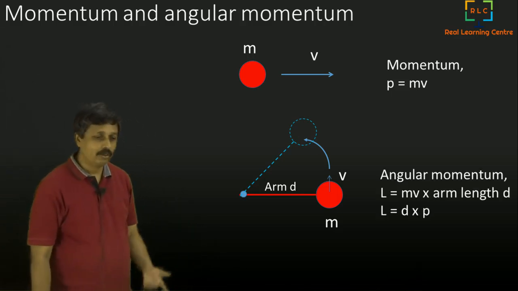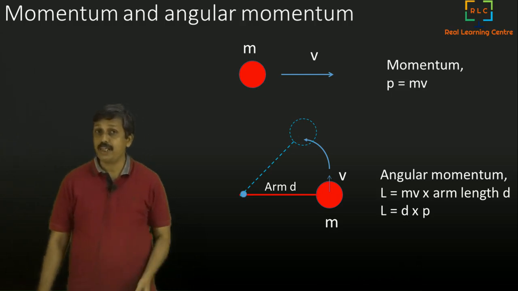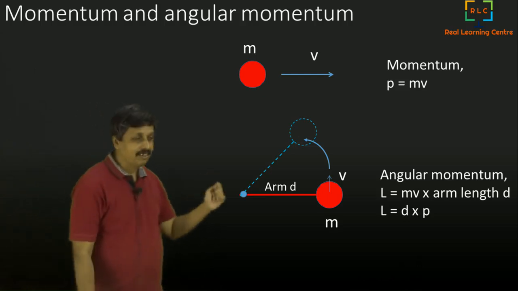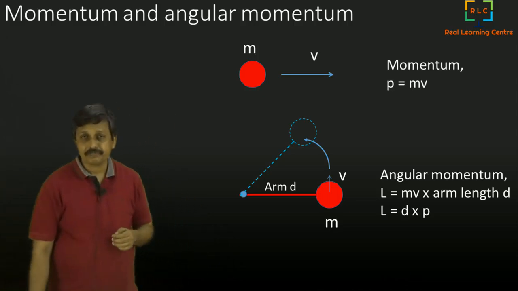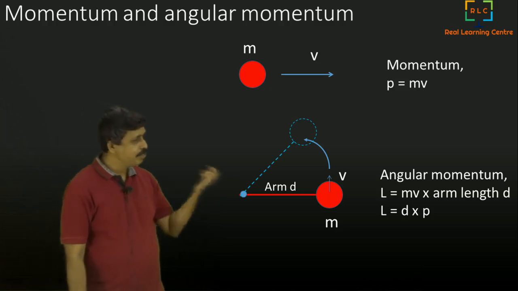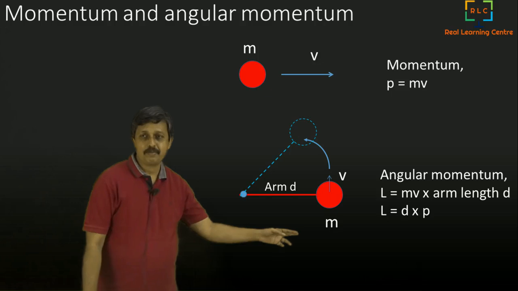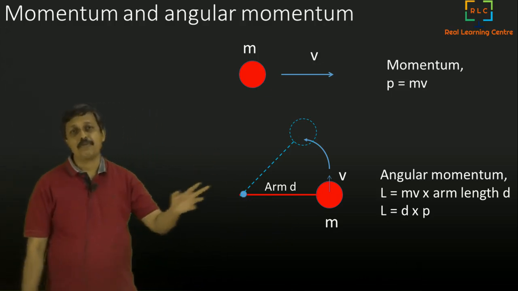In that scenario, angular momentum is denoted by L. So L is equal to mv into arm length. That means L is equal to d, the arm length, into momentum.